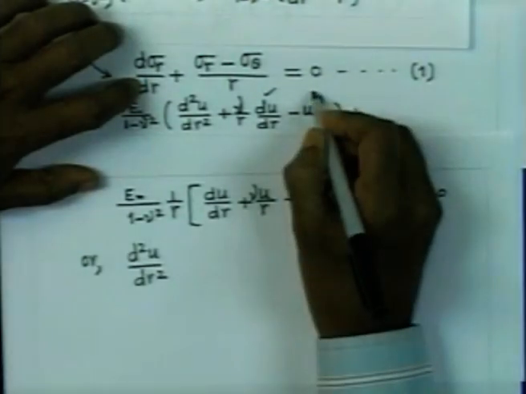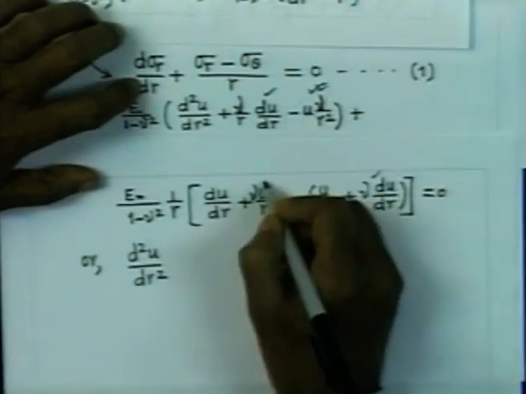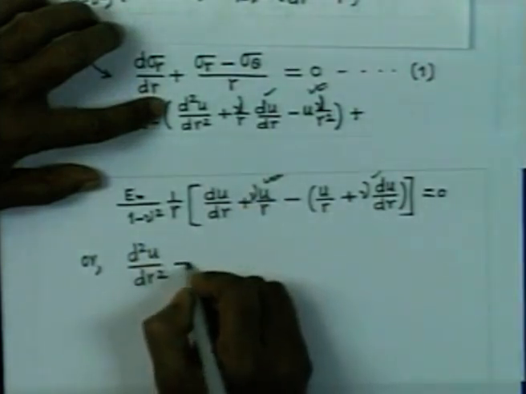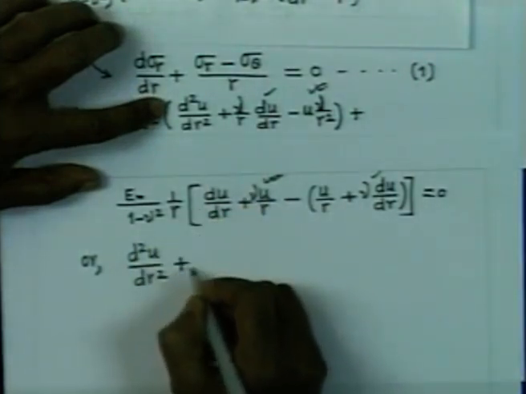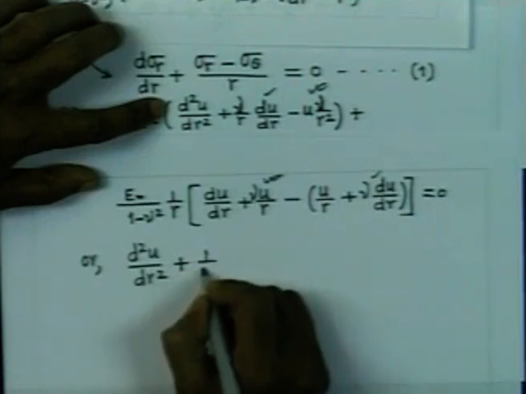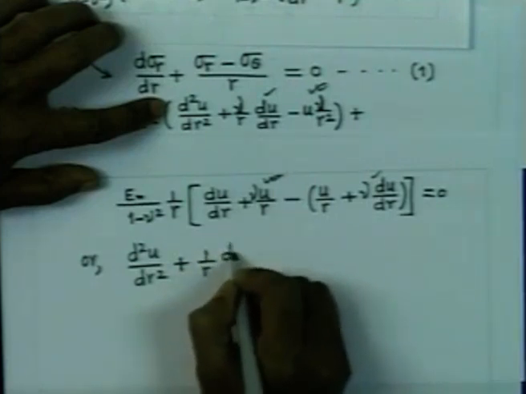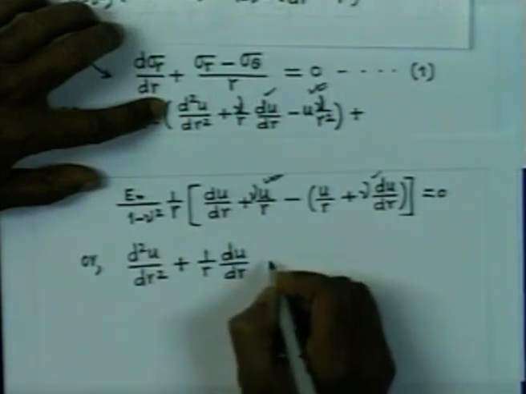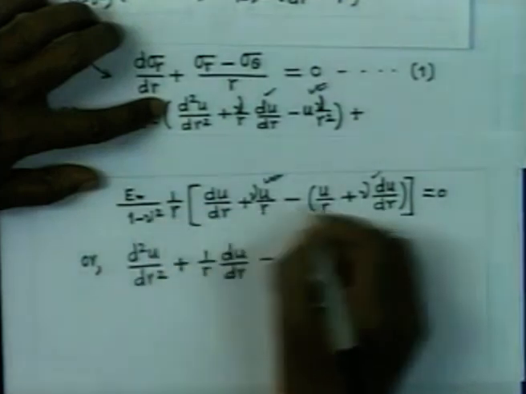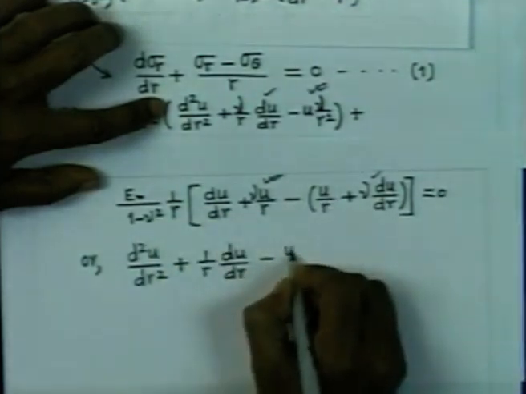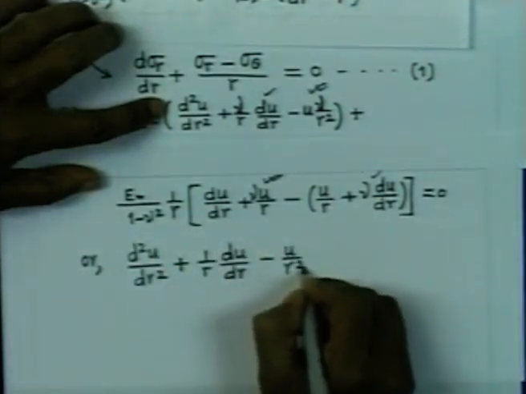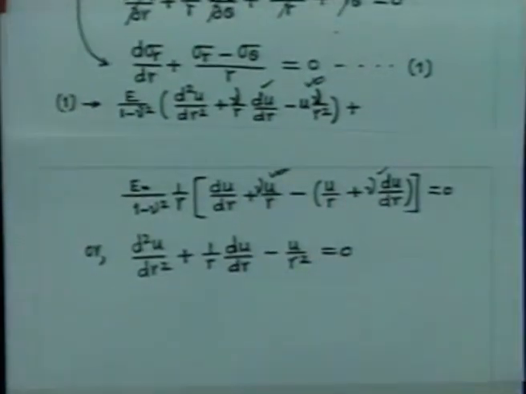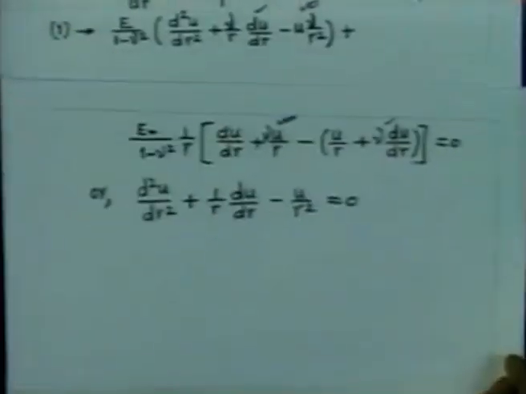So, this term is going to cancel with this one. Finally, we are left with one more term here, 1 by r du dr, and then we have 1 by r u by r. So, u by r square equal to 0. So, this is the governing equation.